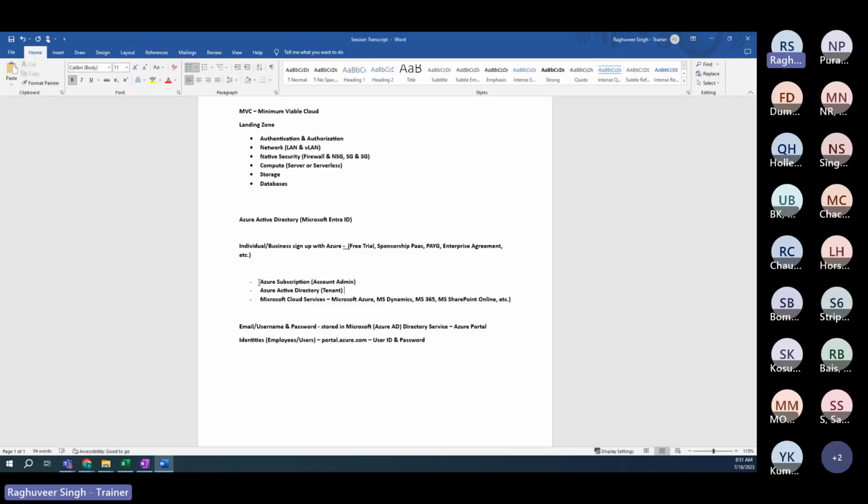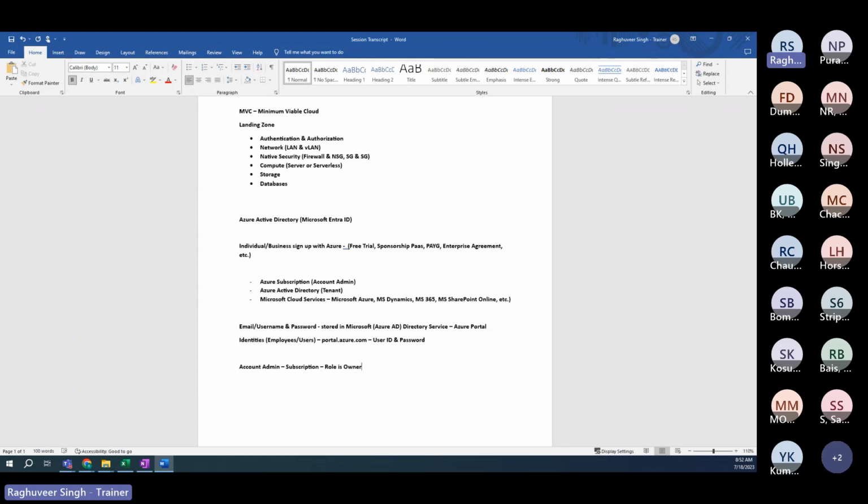The person who signs up with Azure becomes the account admin. If you sign into your Azure subscription and go to the subscription page, you find yourself as account admin. Your role is account admin for the entire relationship with Microsoft. However, from the subscription perspective, for the Azure subscription that Microsoft has granted you, your role is owner.